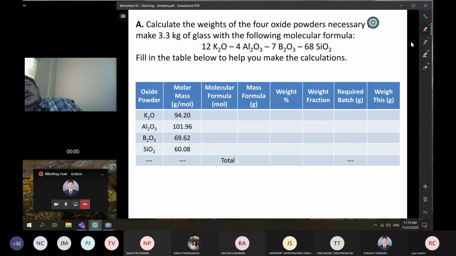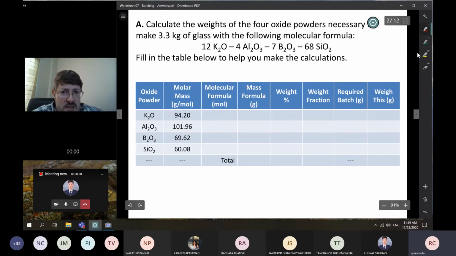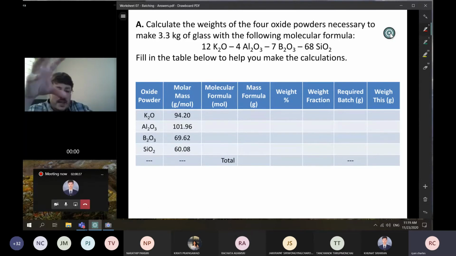So you have the same thought process in other materials. Polymers, they do similar things. Metals, they do similar things. We want to make something, we have this math to follow so we can make it. Right, so this is for glass.